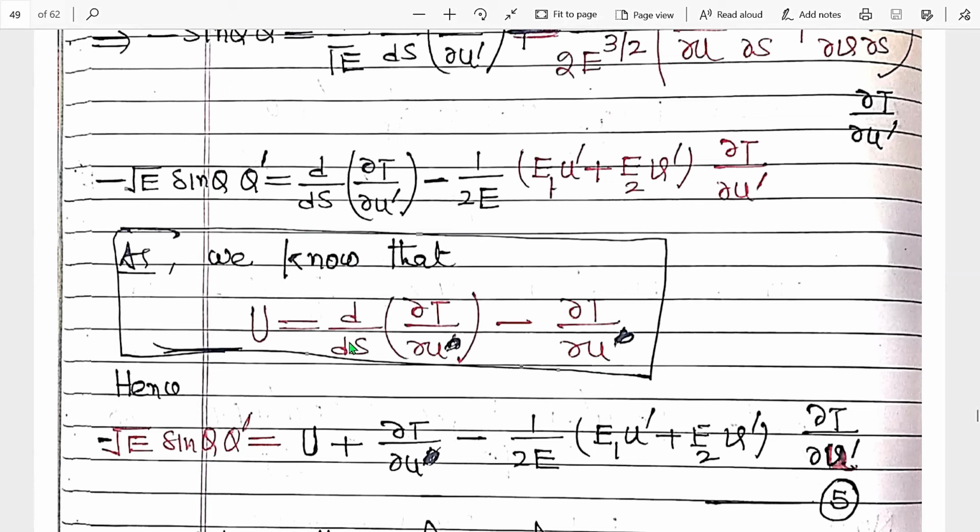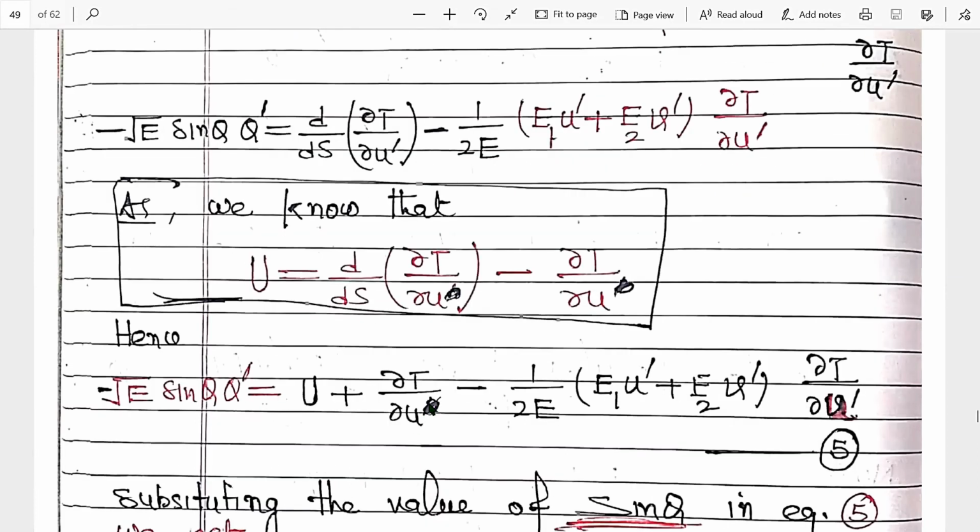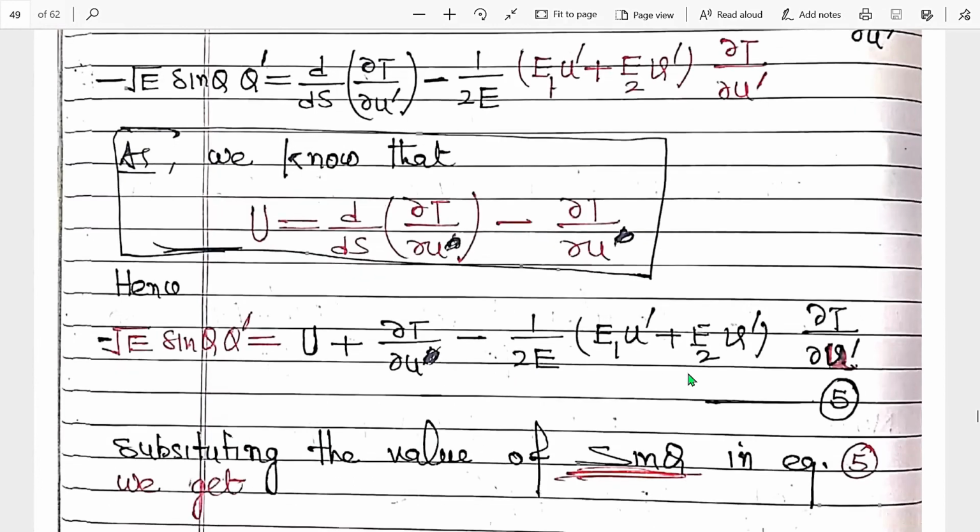Now substitute the value in this equation, so this term is converted into U plus curly T by curly u. It is simply U minus this term, right? So this is equation number 5.